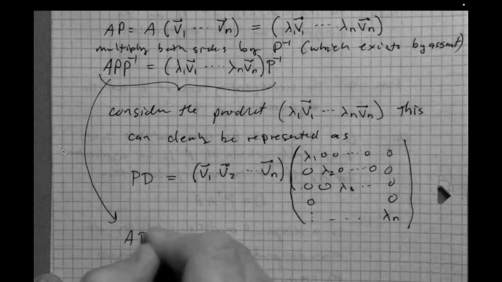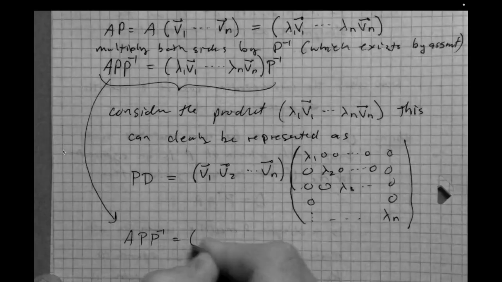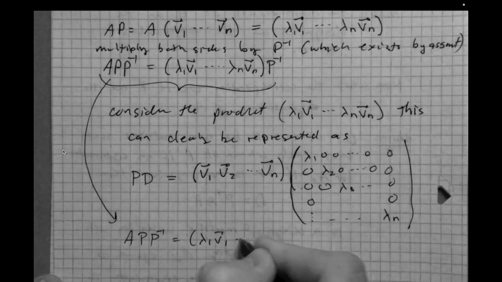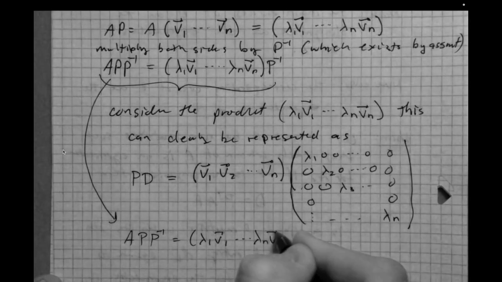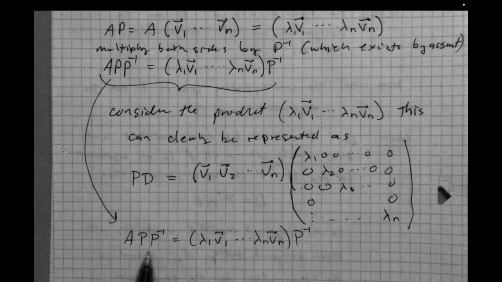So what do I have? I have AP P inverse equals lambda 1 V1 ... lambda n Vn times P inverse. What is on the left hand side?